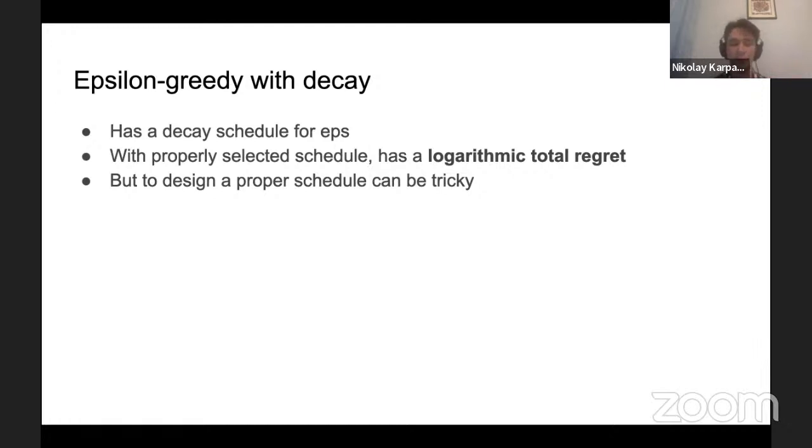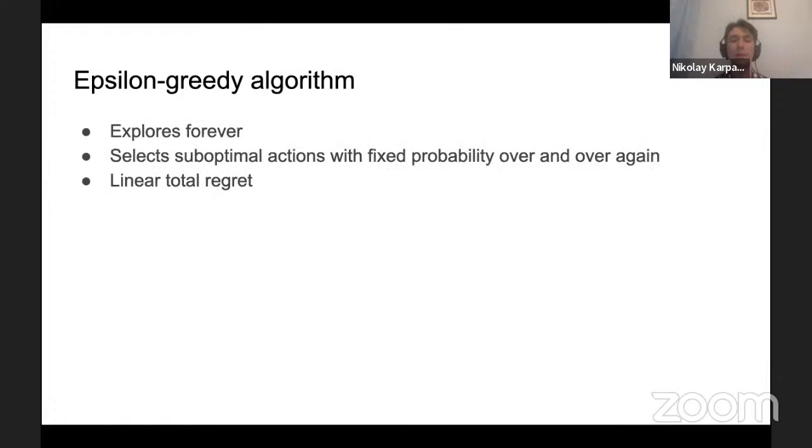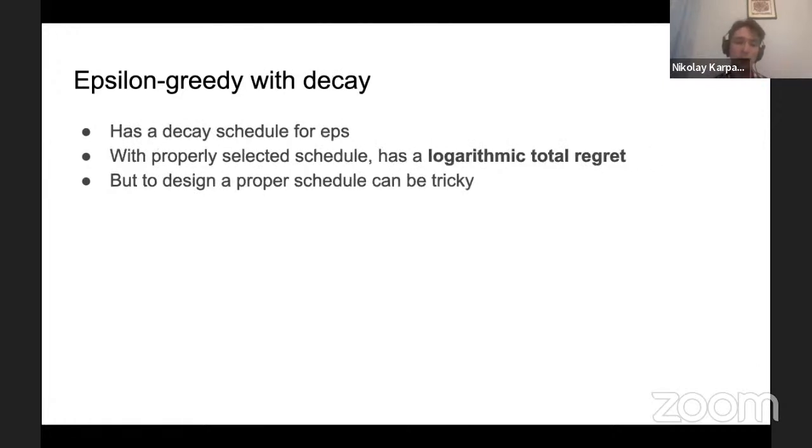This means that in the limit, as the step goes to infinity, the total regret behaves like a logarithmic function multiplied by some constant, which is much better than the linear regret that we had before.